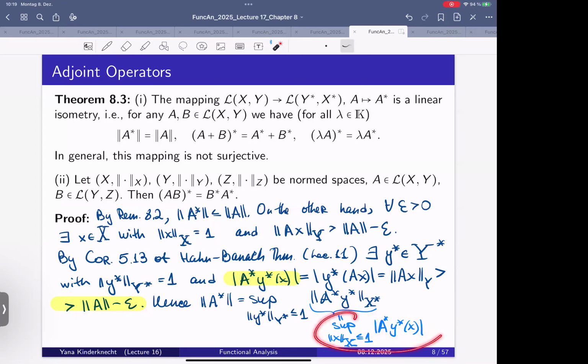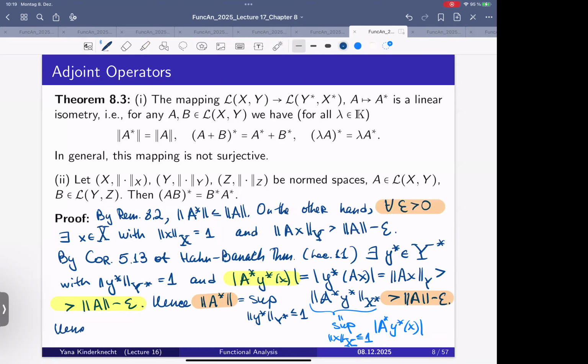Hence the supremum is also bigger than this. So all the story is that this is bigger than the norm of A minus epsilon. So the norm is bigger than the norm of A minus epsilon, but this happens for any epsilon.